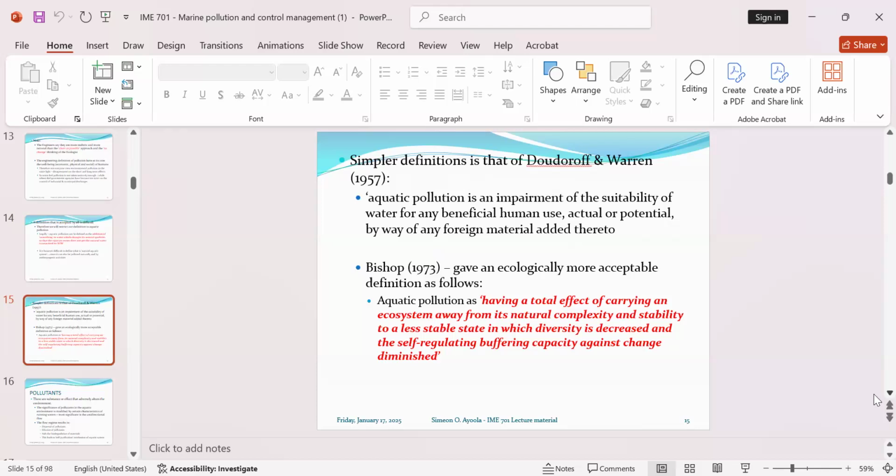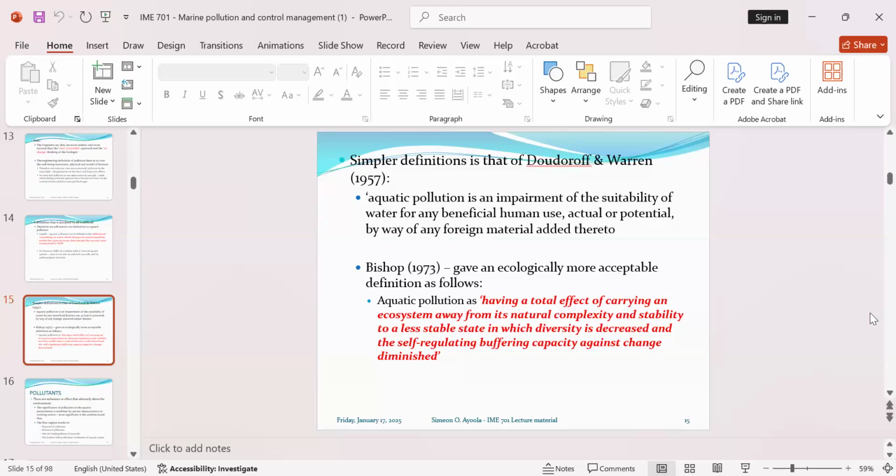A simpler definition is that of Dodorov and Waring, 1957, who say aquatic pollution is an impairment of the suitability of water for any beneficial human use, actual or potential, by way of any foreign materials added hitherto. Bishop in 1973 gave an ecological, more accepted definition as follows.